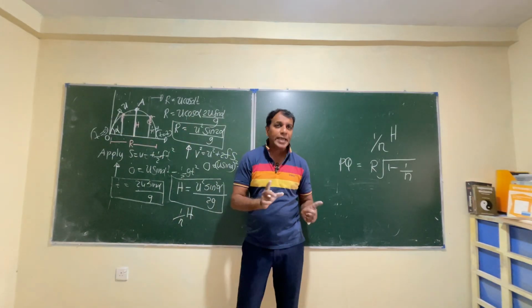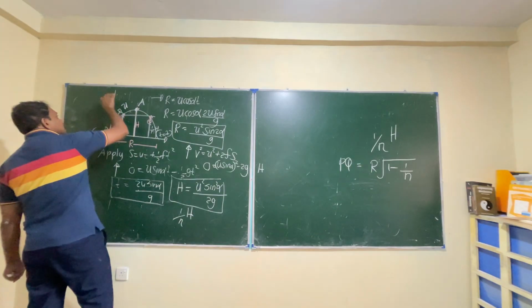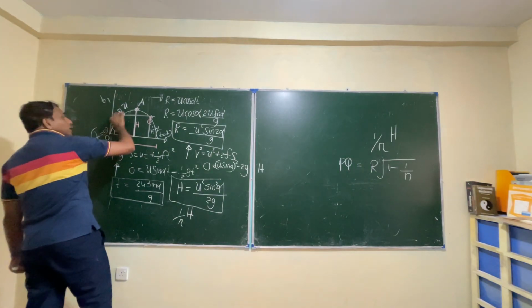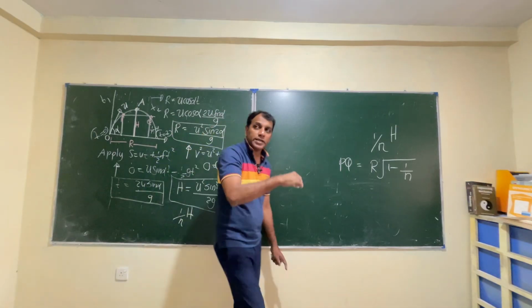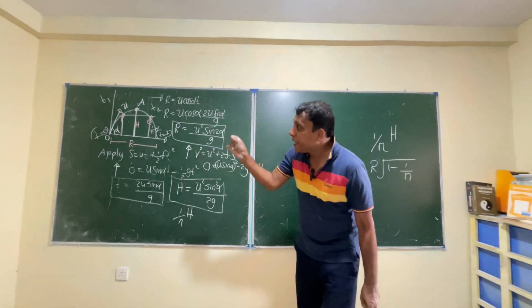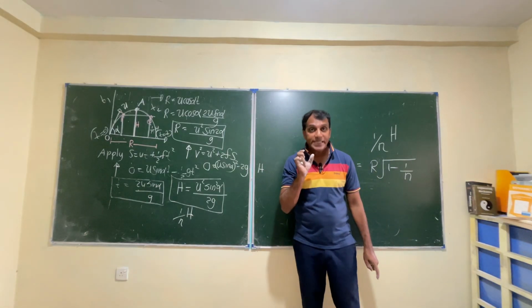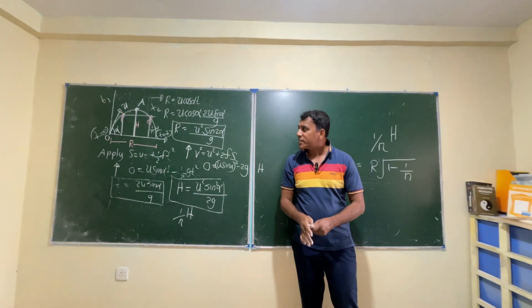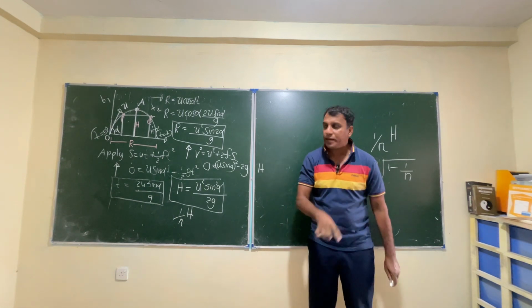First we find the time difference. From O to P the time is t1, and from O to Q the time is t2. Then the time between P and Q is t2 minus t1, right?